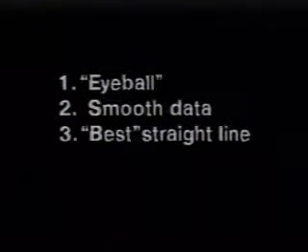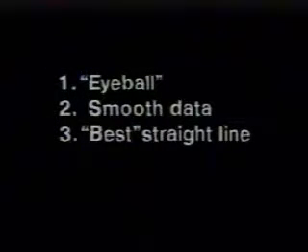Finally, as a third alternative, we may use one of several methods to find the equation of the straight line that best fits the given data points. The method of eyeballing is one that we all understand, so let's spend a few minutes on the ways in which data may be smoothed, or alternatively, on how a best straight line fit is calculated.